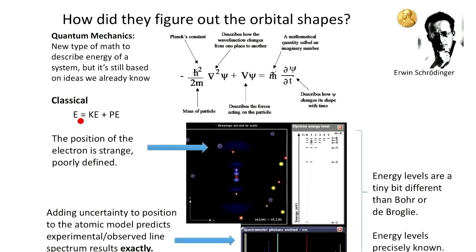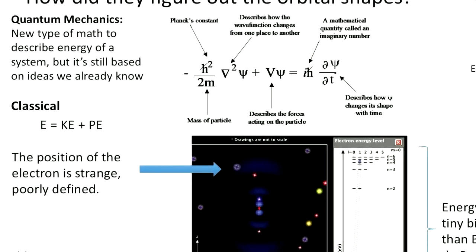Do you remember in Chapter 5, we talked about internal energy? Internal energy of a system is equal to all of the kinetic energy and all of the potential energy in your system. So if we look at this wave function equation, it might look similar to you. Here, this term is talking about the mass of the particle.